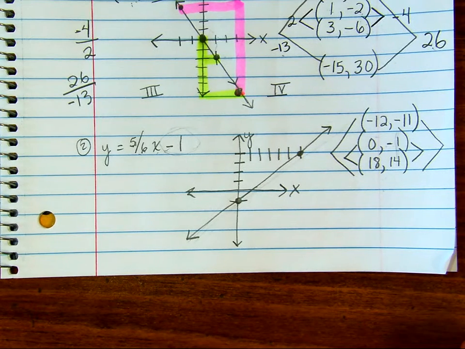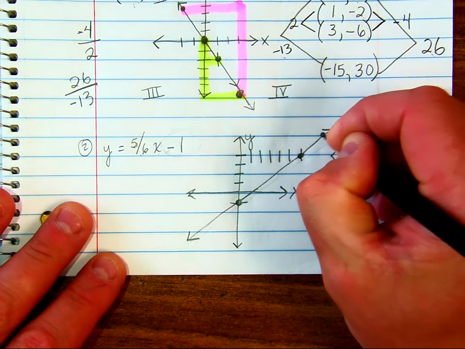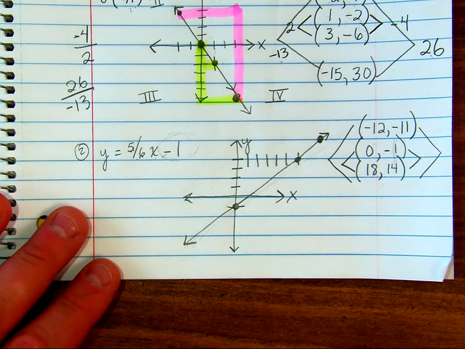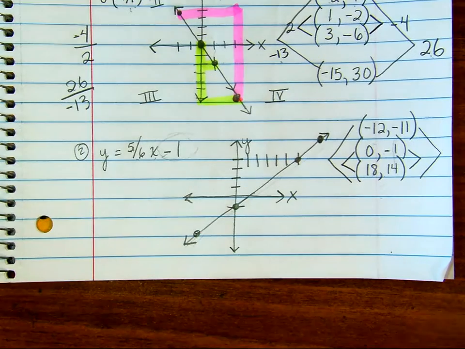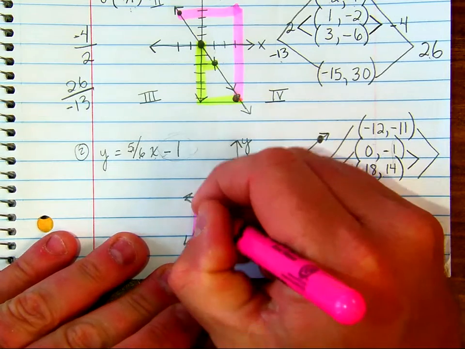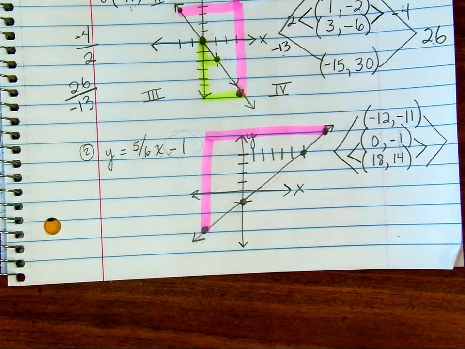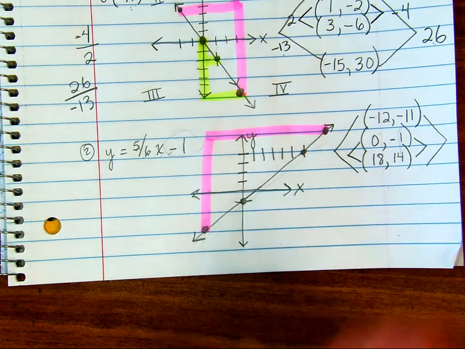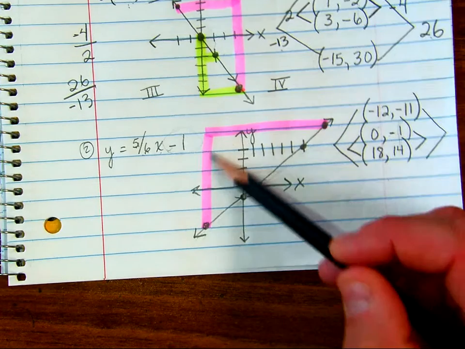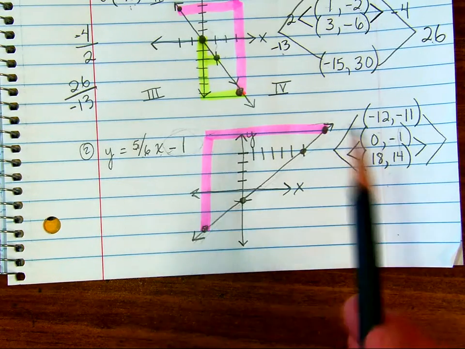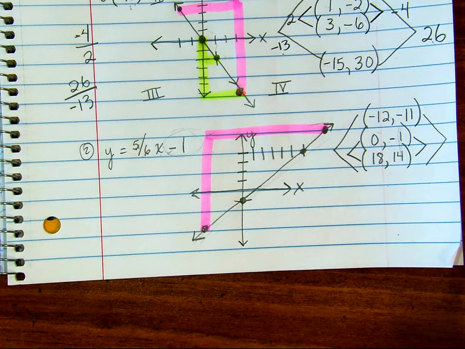If I take this point right here, and I take this point right here, and you have no idea what the coordinates are, what's the slope there? What's the rise over run? What's the change in the vertical axis divided by the change in the horizontal axis? Bree? 5/6.